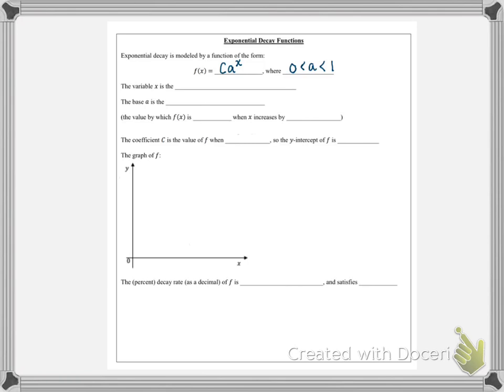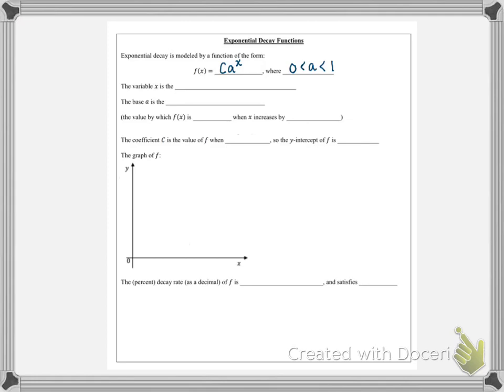Because imagine if the base of that was negative, and every time we raise it to an even power, we get a positive, and every time we raise it to an odd power, we get a negative, and so our y values would fluctuate between negative and positive, which is fine. I mean, there's functions that look like that, but they don't behave exponentially. So our base is always positive.